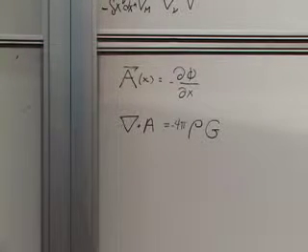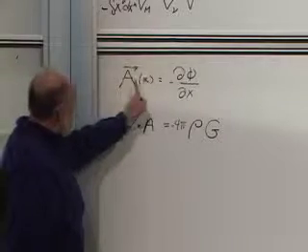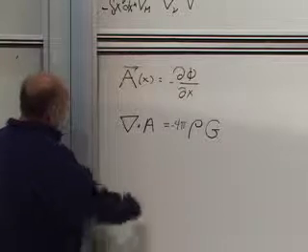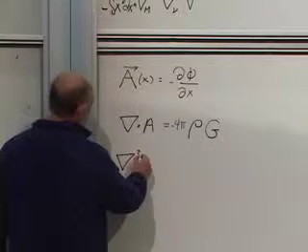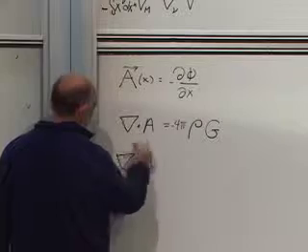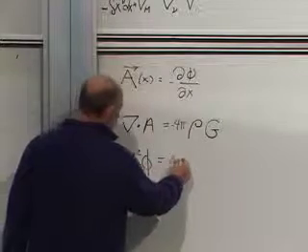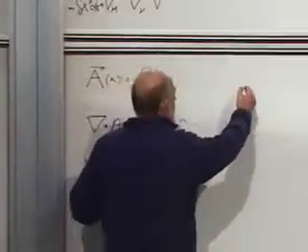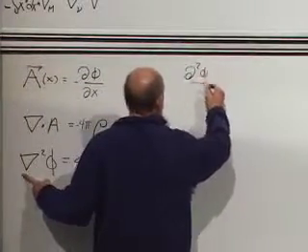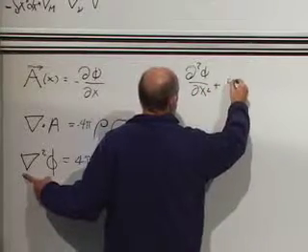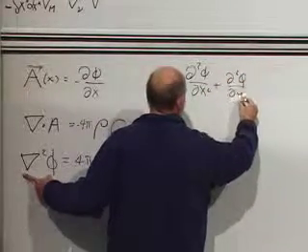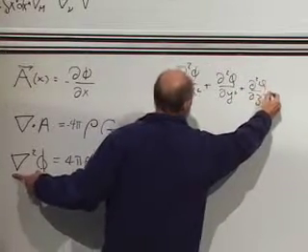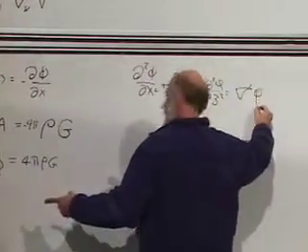Right. Now, this tells us, since A is the gradient of phi, and this is the divergence of A, this can be written as del squared phi, or maybe with a minus sign, is equal to 4 pi rho g, where del squared of phi means the second derivative of phi with respect to x plus the second derivative of phi with respect to y plus the second derivative of phi with respect to z equals del squared phi.